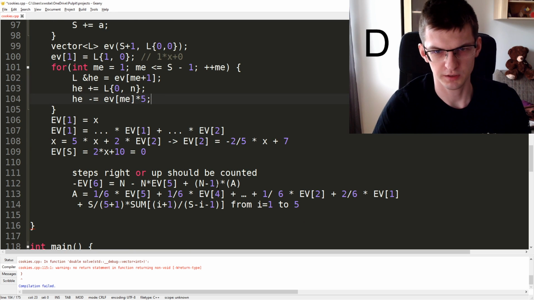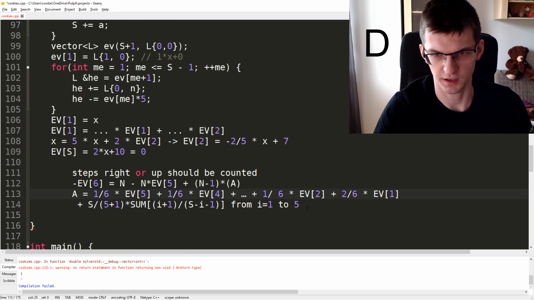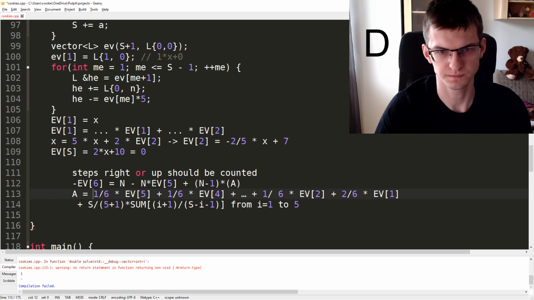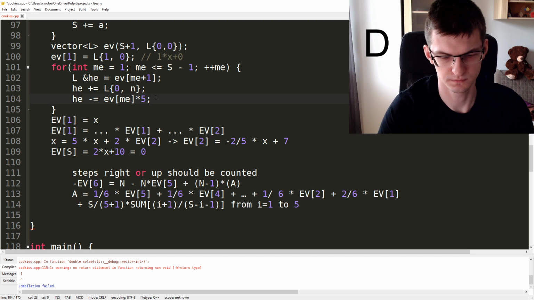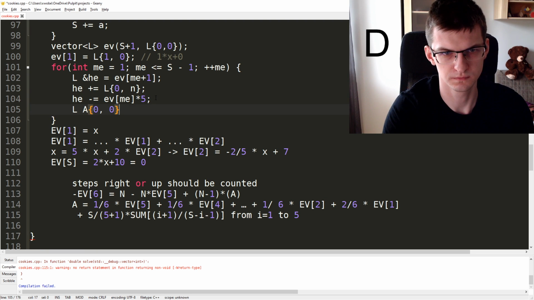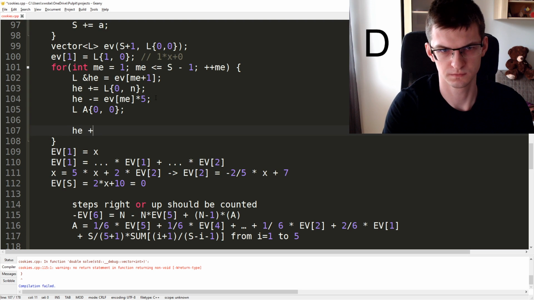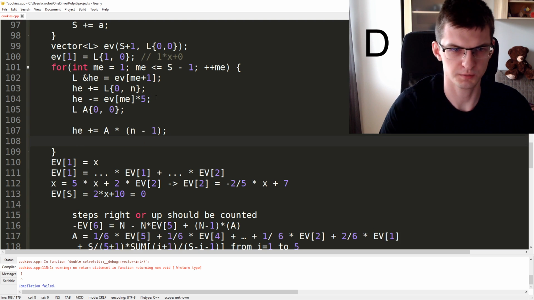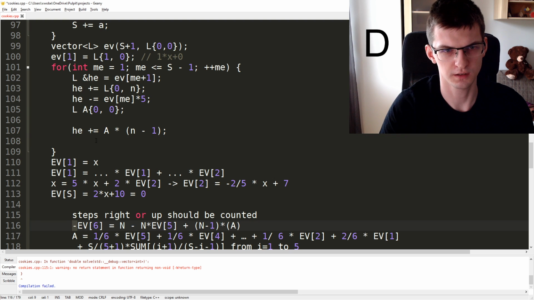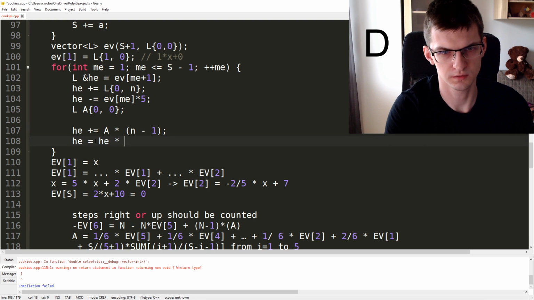Then it will be n-1 times everything in A. Plus equal 8 times n-1. And because I have minus at the end, I will do this.